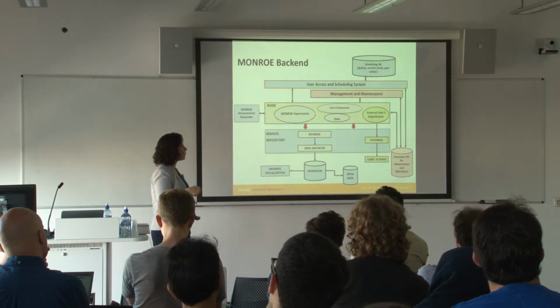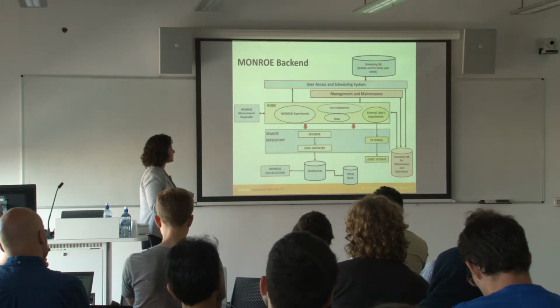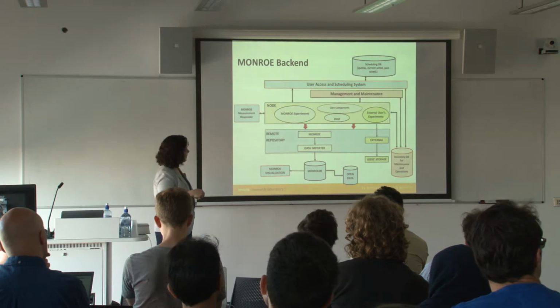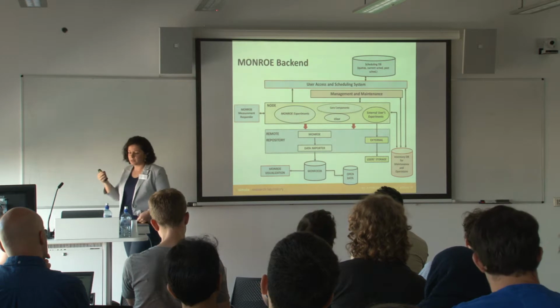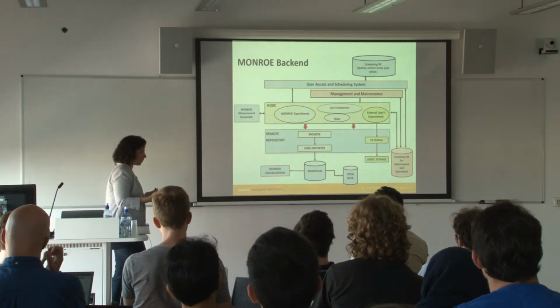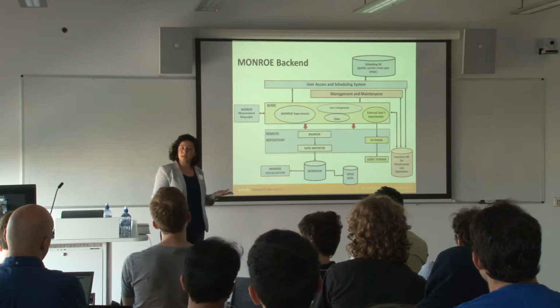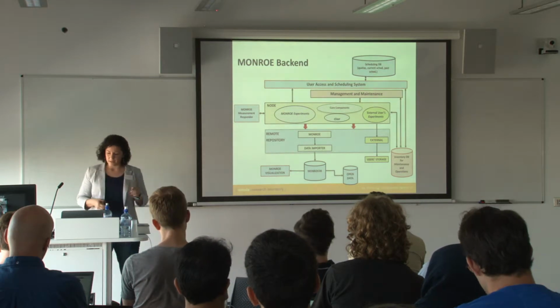And for all the metadata or the experiments we run frequently, we get it into a MONROE server, and then we import it into what we call a MONROE database. There's an importer function that gets all the data we collect and provides it as open access to the users of the platform.